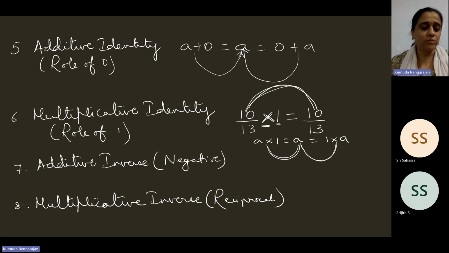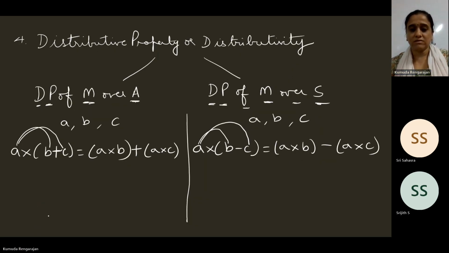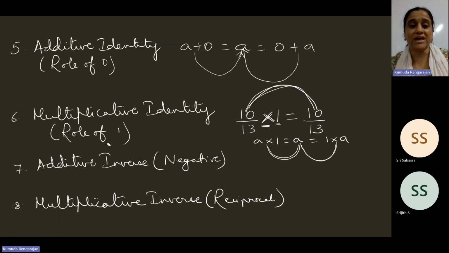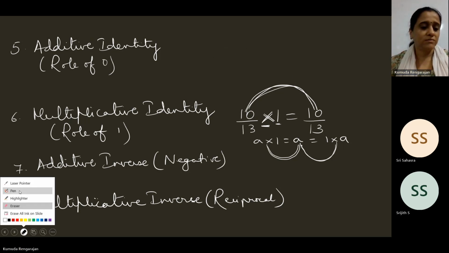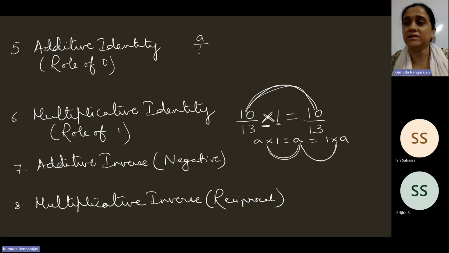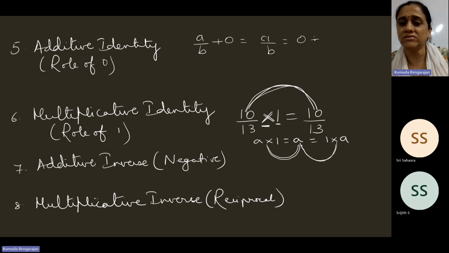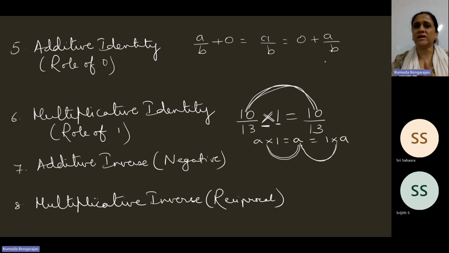Now, sometimes in some books, they'll take the rational number as a by b. Here we are taking a as a rational number. Sometimes they'll take a by b. Let a by b be the rational number. So a by b plus 0 is equal to a by b is equal to 0 plus a by b. Don't get confused, it's not two different numbers. A by b is a rational number, integer by integer form.